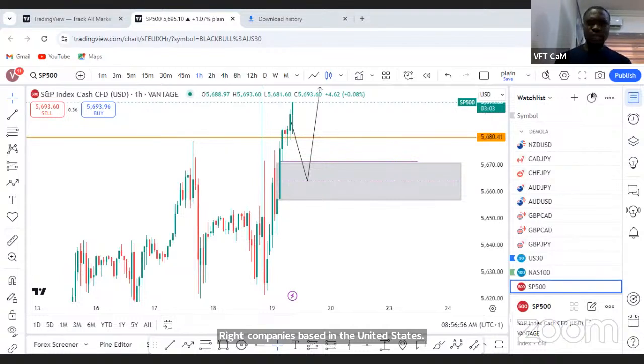Just do a simple Google search, probably ChatGPT or something like that. US 30, NAS 100, and S&P 500. Like I mentioned, NAS 100 is 100 companies from all over the world, while US 30 is companies based in the United States.